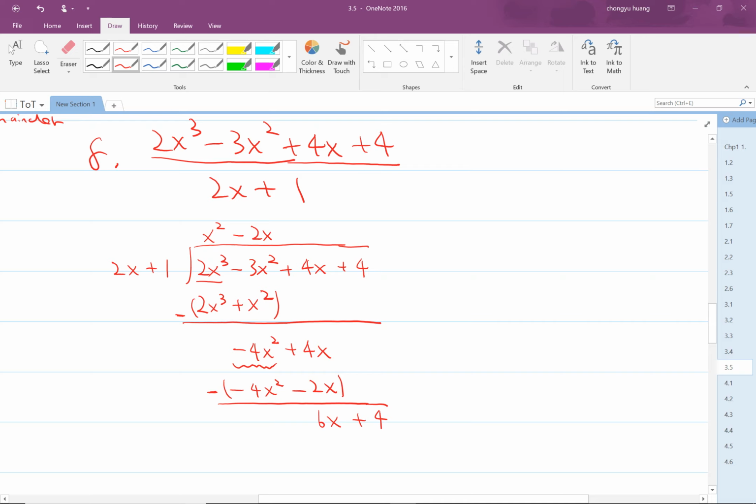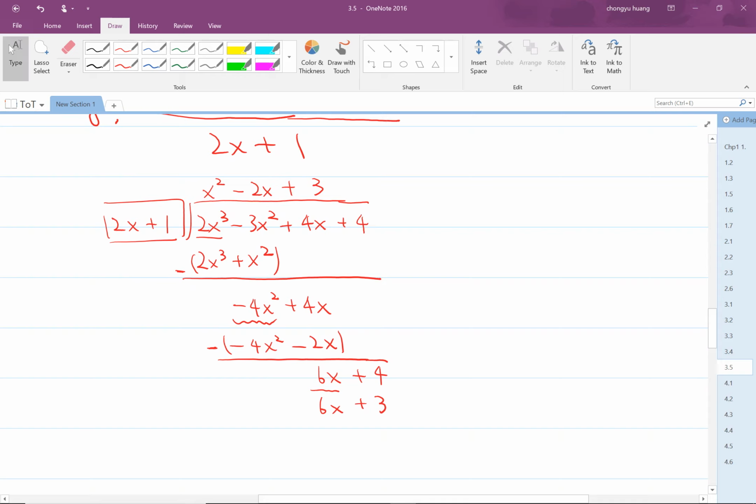Okay. So now you want to get rid of 6x, so you have to multiply by 3. 2x multiplied by 3 becomes 6x, and then positive 1 multiplied by positive 3 just becomes 3.